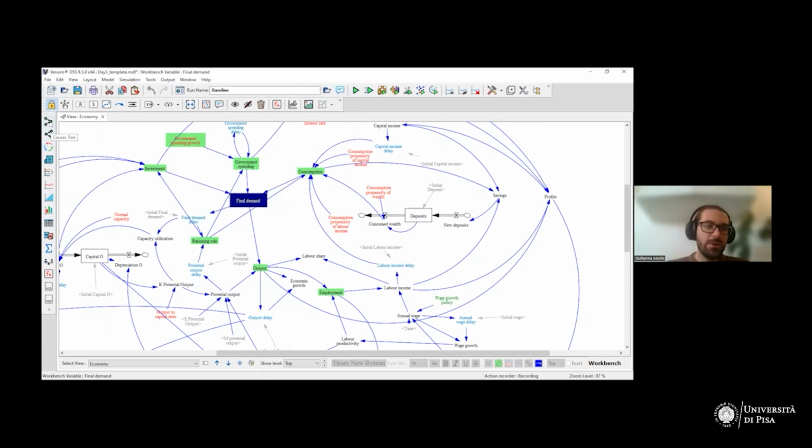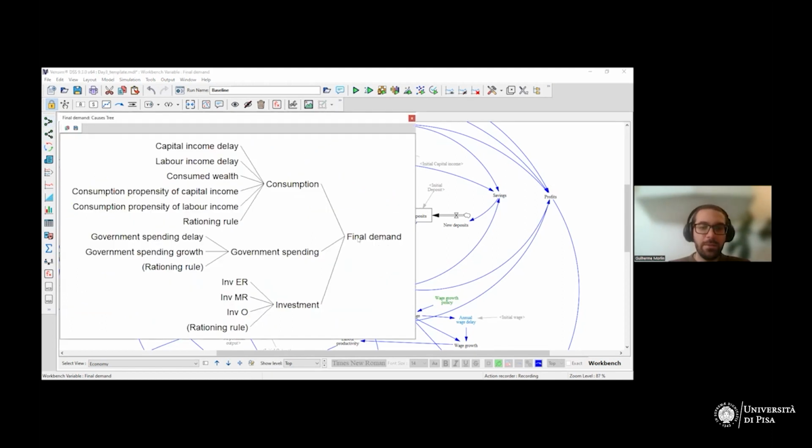These tools are also useful. So the causes tree shows all the variables that come before final demand, and maybe there's a problem. There's something going on in some of these variables that are causing final demand. So I can have consumption, growth, government spending, or investment. And then I have each of the variables that causes those other ones.